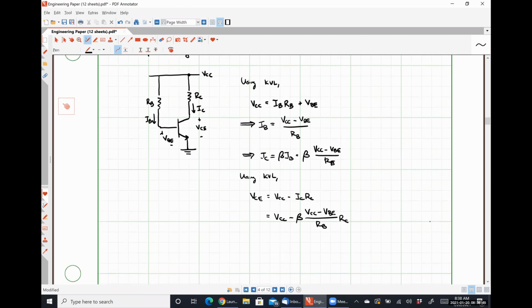So in order to maintain operation in the forward active region, we know that VCC minus beta times (VCC minus VBE) divided by RB, multiplied by RC, must be greater than VBE. So we simply have to choose resistor values that cause this to occur.